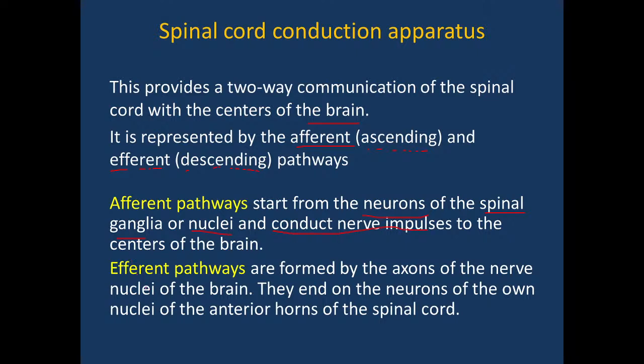But efferent pathways are formed by axons of nerve nuclei of the brain, and they end on the motor neurons in the anterior horns, sometimes in lateral horns.